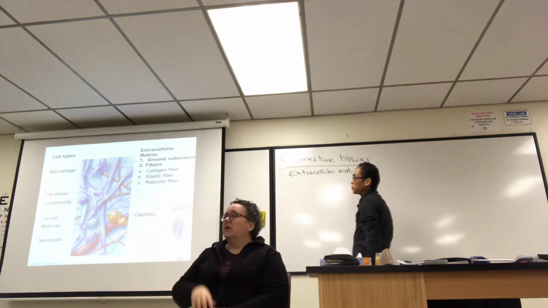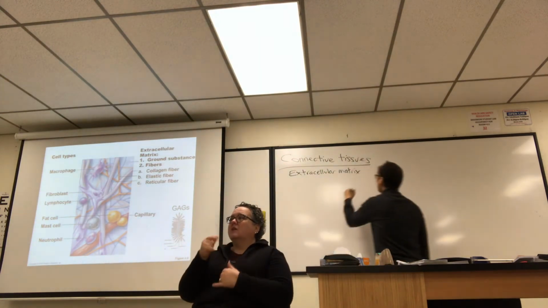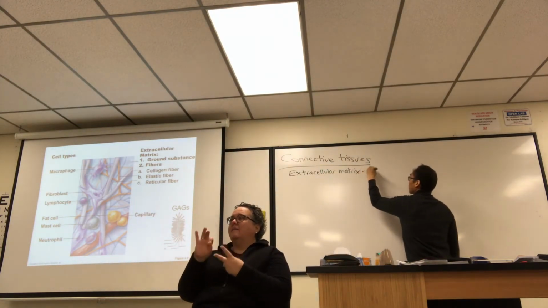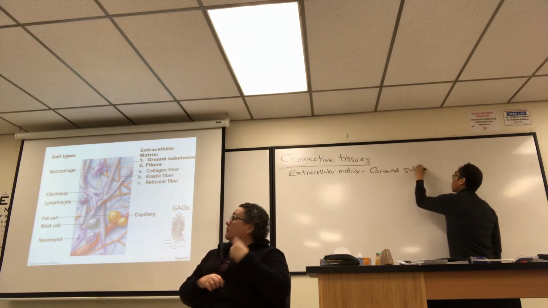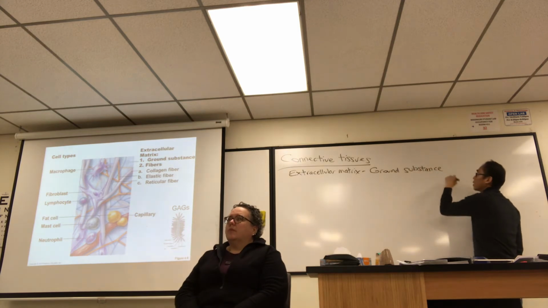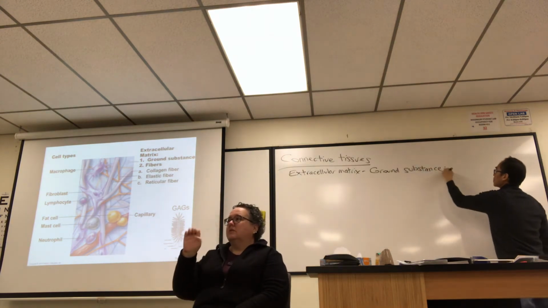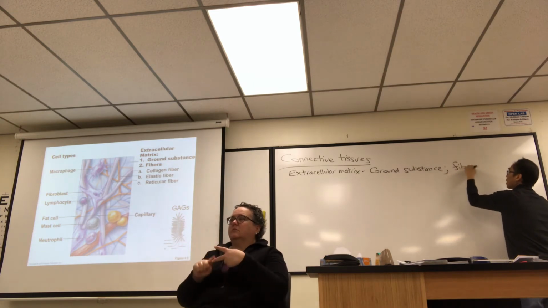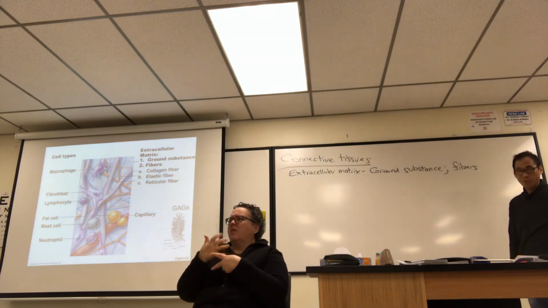Now, the extracellular matrix is a ground substance and fibers. Ground substance, there's a lot of water content, there's a lot of proteins in it.